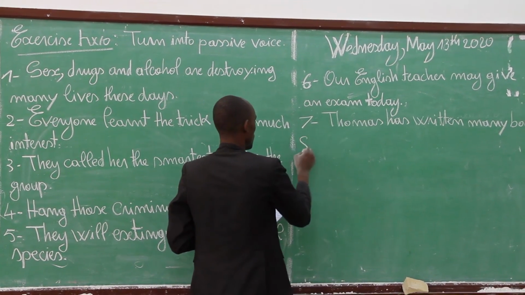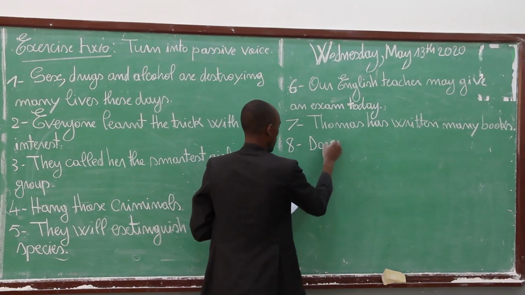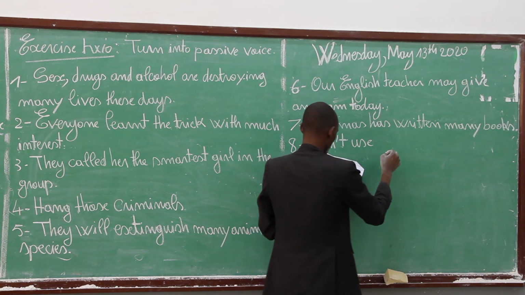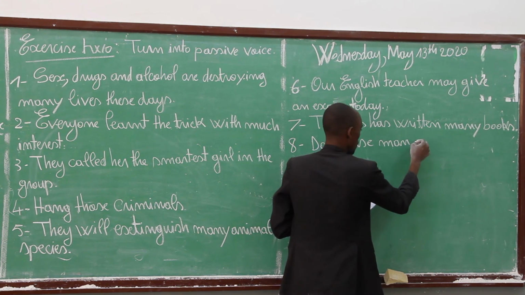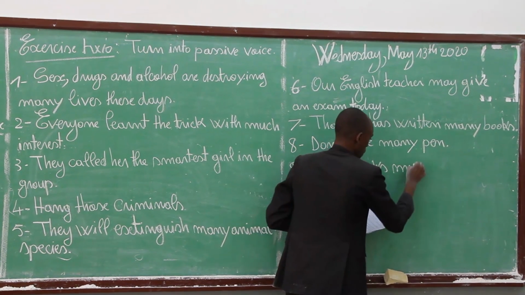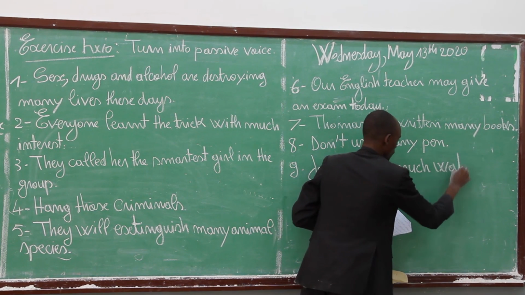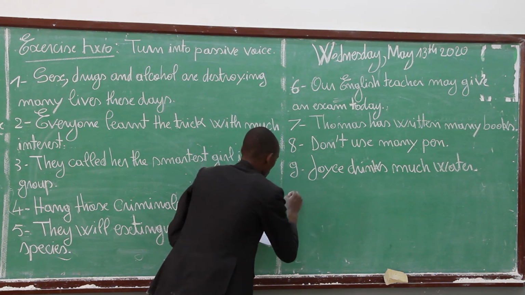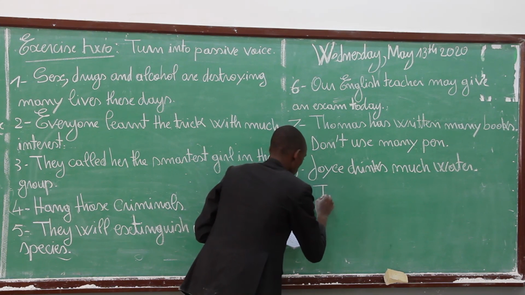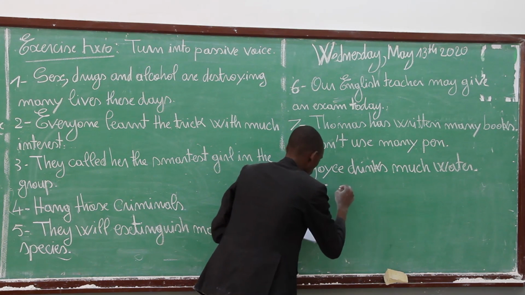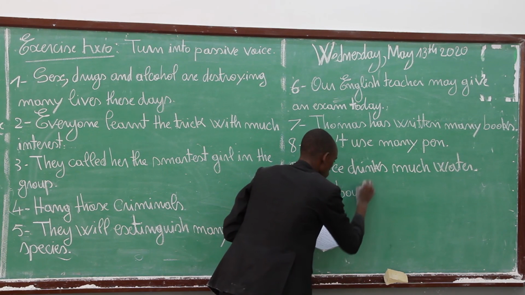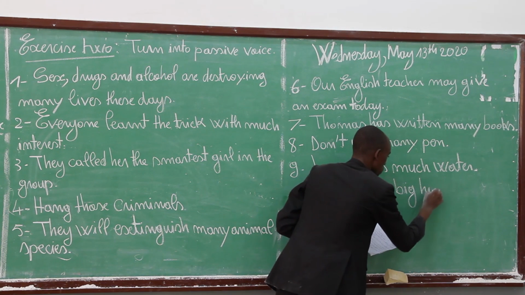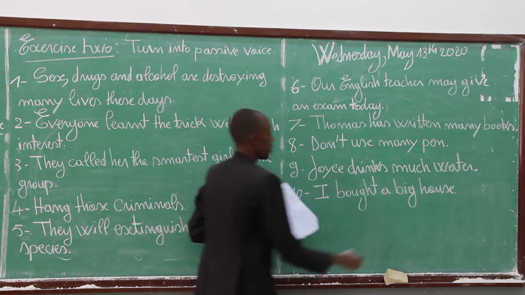And the last one: don't use my pen. Number 9: Joyce drinks much water. And 10: I bought a bigger house.